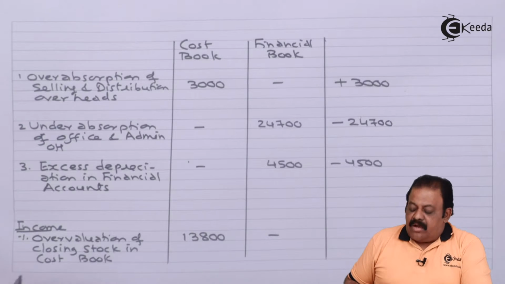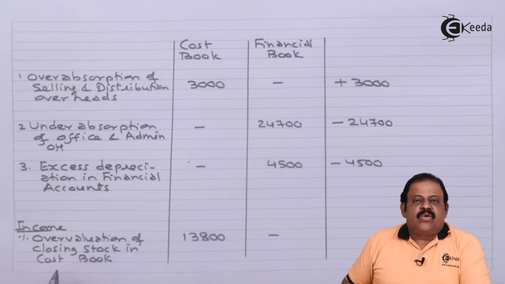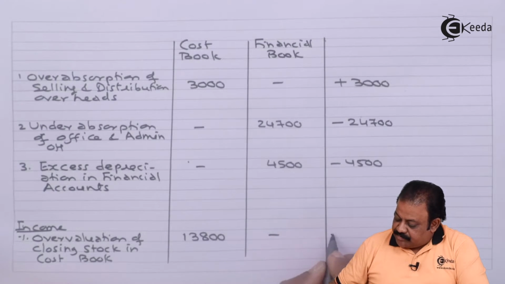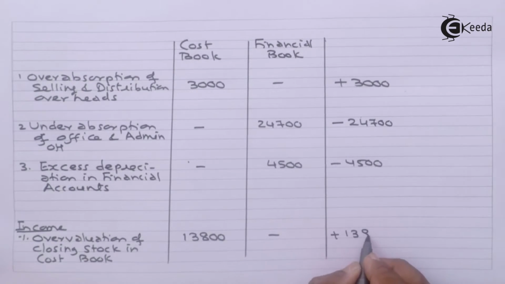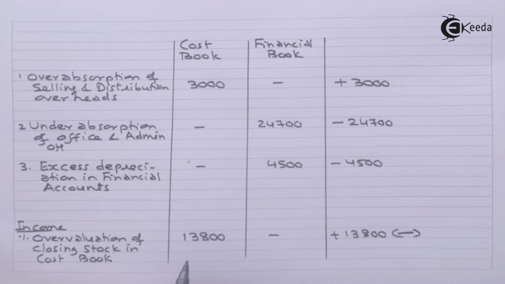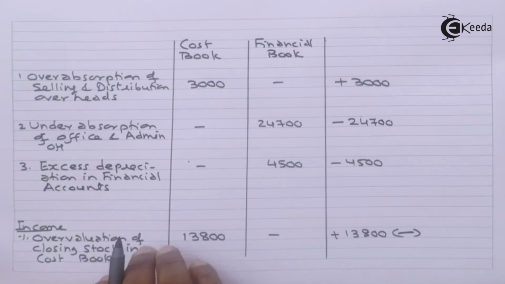Now in case of income, we are required to reverse the sign. 13,800 minus nil, it comes plus 13,800, but we are required to take it as minus. We will be using this working note to find out profit or loss as per financial book.